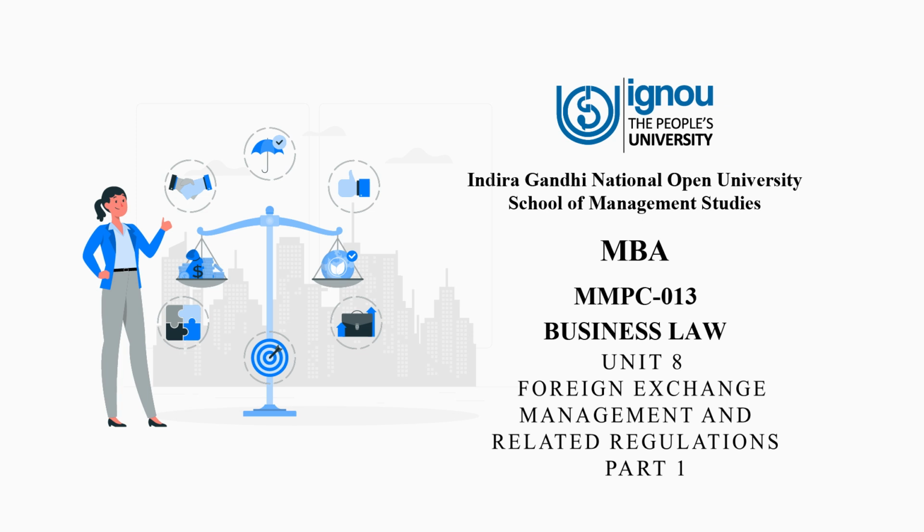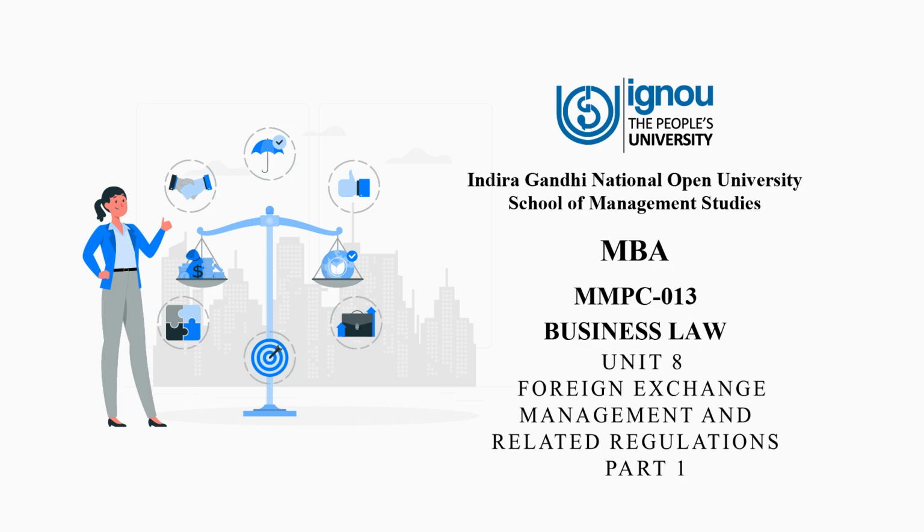Number 3, Master Direction issued by RBI every year. Number 4, Foreign Direct Investment Policy issued by the Department for Promotion of Industry and Internal Trade, that is DPIIT. And number 5, notifications and circulars issued by Reserve Bank of India.